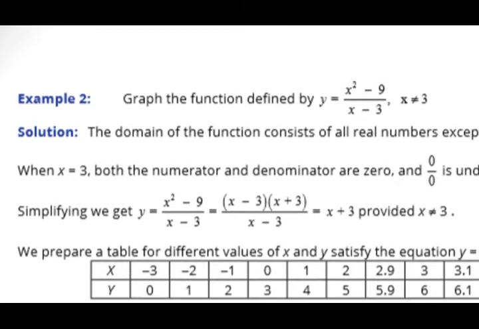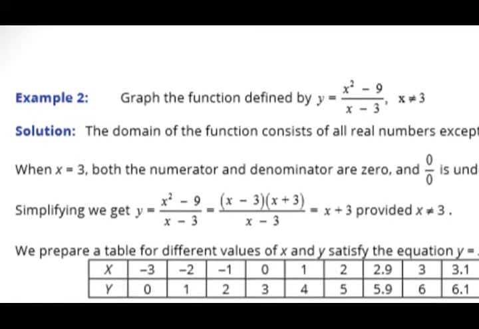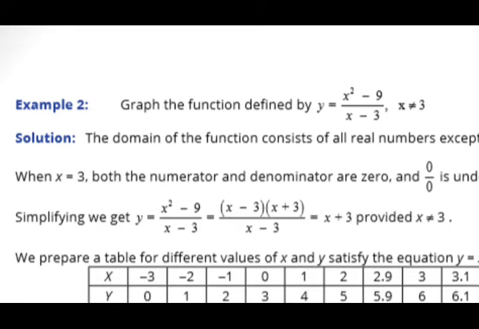This is also an example of 1.4, and here we draw its graph of a fraction. Its domain is all real numbers except 3, because at 3 it gives 0 over 0 form.